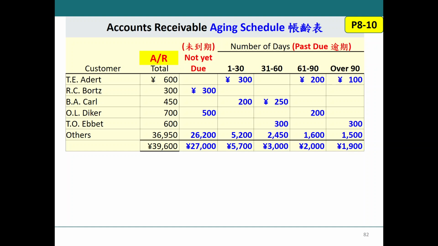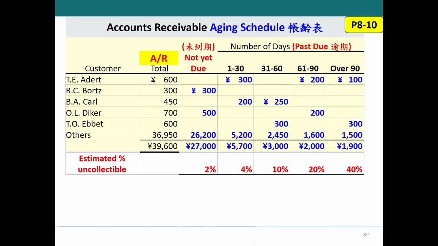On slide page 82, you found total accounts receivable of $39,600 based on different ages: not yet due, and past due but within 1 month, within 2 months, within 3 months, over 3 months. We have 5 groups in total based on different ages.